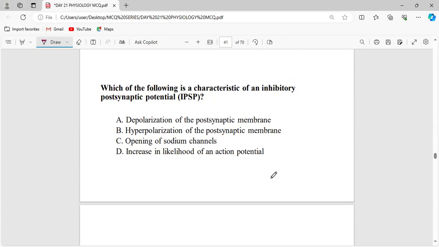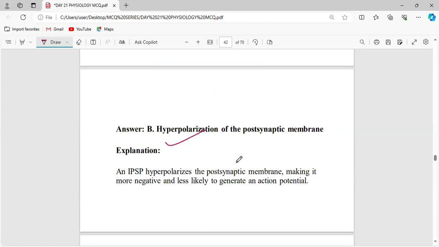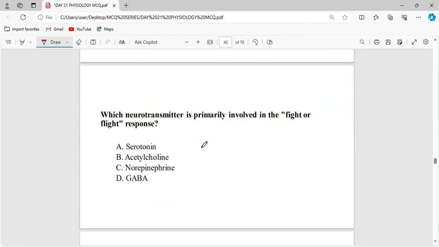Depolarization of postsynaptic membrane, hyperpolarization of postsynaptic membrane, opening of sodium channels, increase in likelihood of an action potential. Does it increase the likelihood of an action potential? You can answer the question by eliminating the options. It hyperpolarizes the postsynaptic membrane, and it makes the membrane more negative.